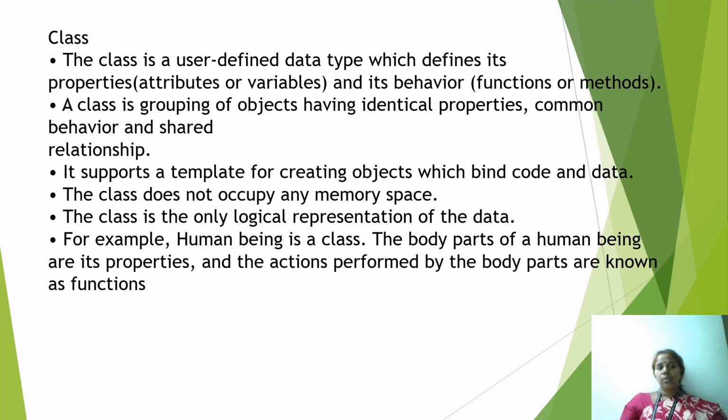A class is a grouping of objects having identical properties, common behavior and shared relationships. It acts as a template for creating objects which bind code and data. The class does not occupy any memory space. The class is only a logical representation of data. For example, human being is a class. The body parts of a human being are its properties, and the actions performed by the body parts are known as functions.